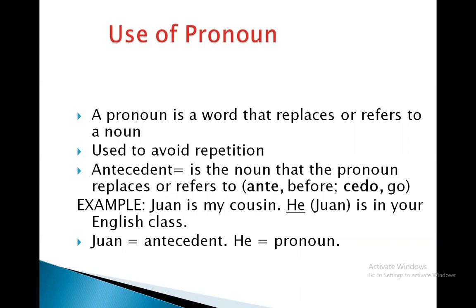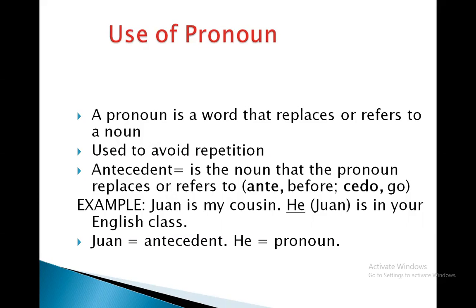So the main purpose of a pronoun is avoiding repetition of the subject, the noun word. The pronoun replaces or refers to the subject.